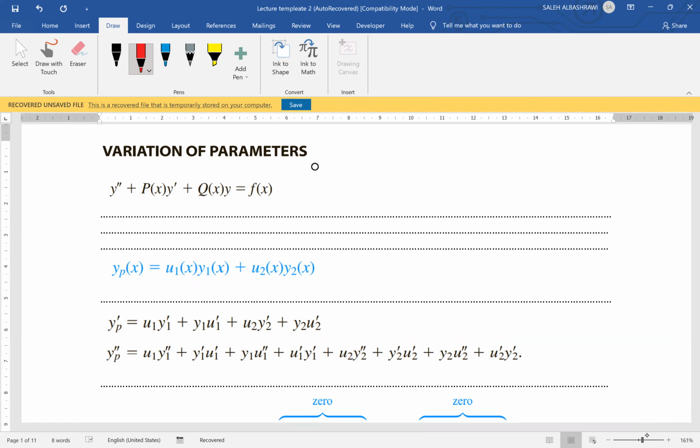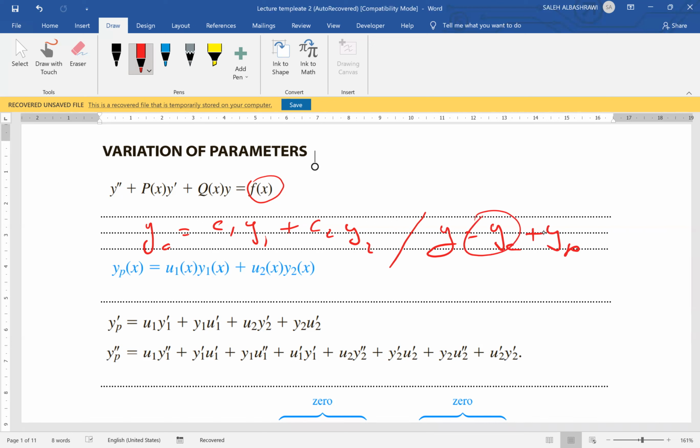As we studied before, the solution of the homogeneous equation, if the left-hand side equals 0, is given by yc equal to c1 y1 plus c2 y2, where y1 and y2 must be linearly independent. And the particular solution, which is part of the general solution y equal to yc plus yp, also must be linearly independent of the yc.